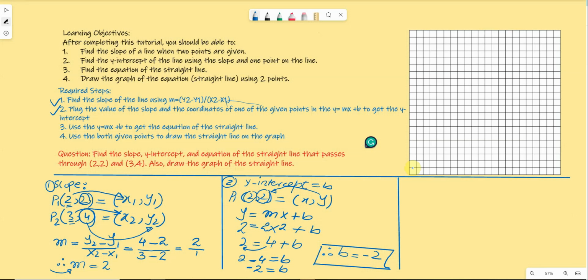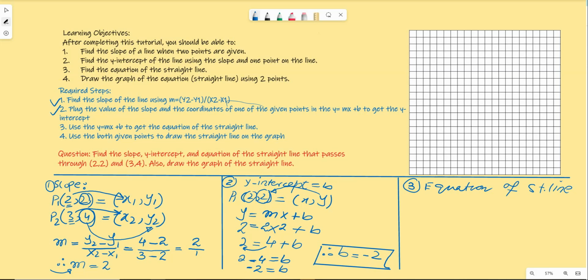Now we have to find out the equation. So let's calculate number 3, the equation of the straight line.